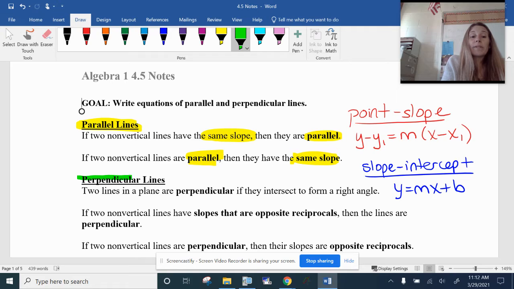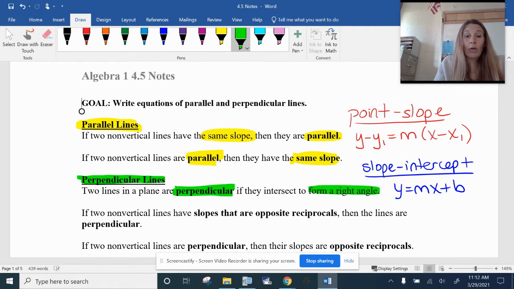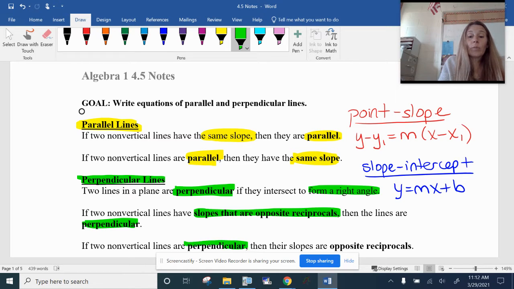Now, as far as perpendicular lines are concerned, two lines in a plane are perpendicular if they intersect to form a right angle. And if two non-vertical lines have slopes that are opposite reciprocals, then they're perpendicular. And the reverse is also true. If two lines are perpendicular, then we know their slopes are opposite reciprocals.